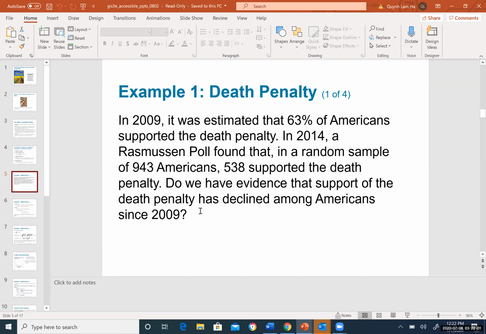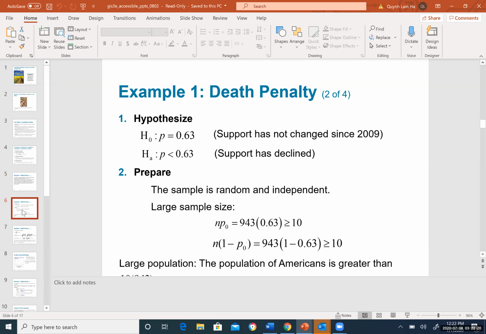In this example, they didn't tell you the level of significance, but usually it would be 1% or 5%. If I assume the level of significance is 1%, then let's see what p-value we get when we run StatCrunch.